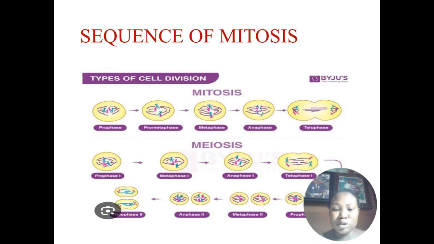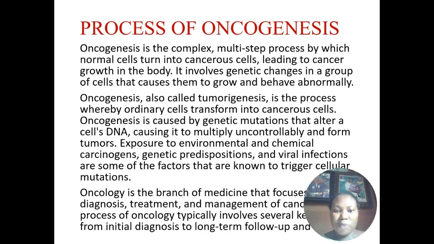Looking at this illustration, you discover that the cell goes through prophase, prometaphase, metaphase, anaphase, and telophase. That is how it divides into daughter cells and continues to replicate. That is the sequence of mitosis.